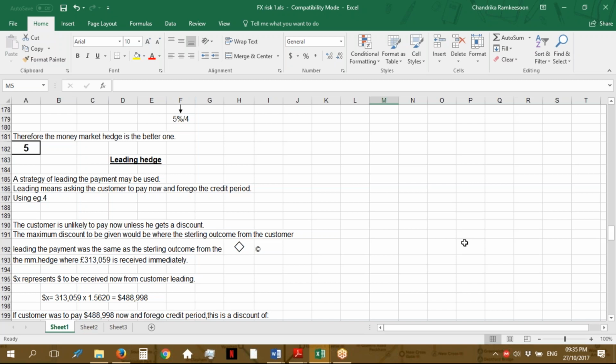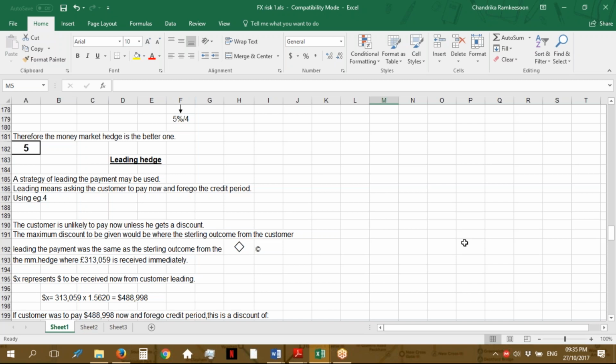Neither will you use the forward hedge, because you are using a lead and hedge. But in order to decide whether you ought to use a lead and hedge, you first need to simulate a transaction with the better of the two hedges, meaning the forward and the money. Remember nothing has happened as yet, nothing is cast in stone as yet. All this is being done before you decide on your hedge.